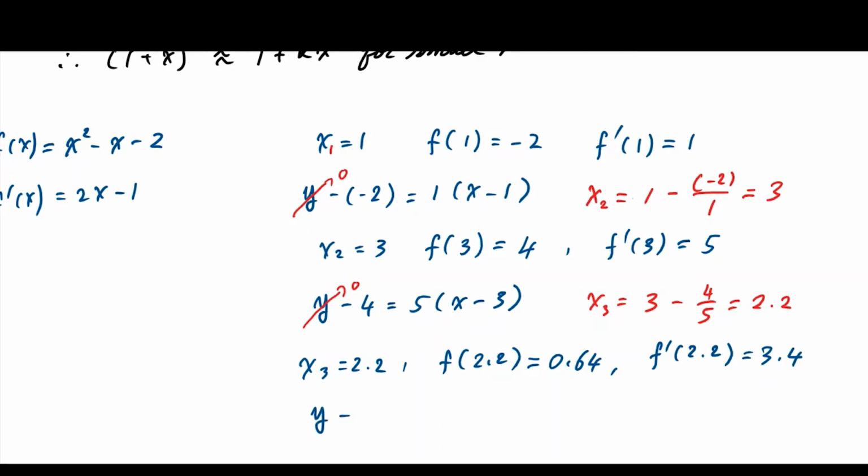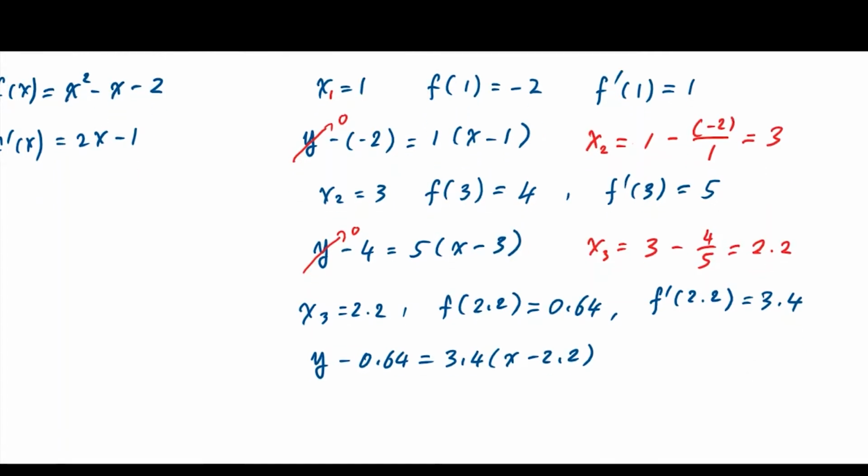So y minus 0.64 is equal to 3.4 times x minus 2.2. Good? Say yes. Okay, we set this to 0 again. So solving for x here is 2.2 minus 0.64 divided by 3.4, and I hope this is not too much algebra.